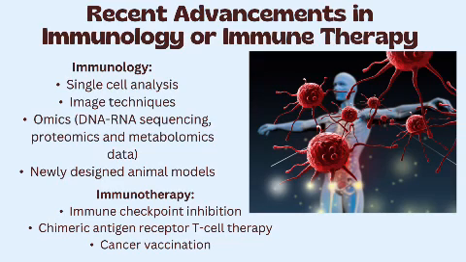Immune cells and their functional analysis are also a recent development that has had advancement. Some examples of recent technologies are single-cell analysis, imaging techniques, omics such as DNA and RNA sequencing, proteomics, and metabolomics data, and also newly designed animal models.